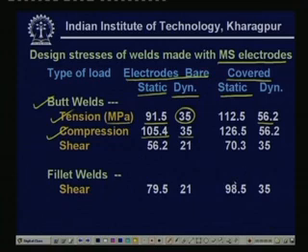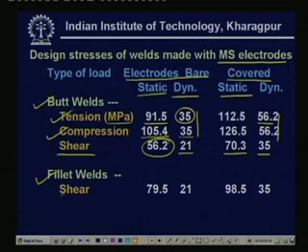Here it is observed that for both compression and tension, if the loading is dynamic, then it makes no sense to talk of tension and compression if the loading is completely reversing, because in half the cycle it will be in tension, in half the cycle it will be in compression. So, they are equal in both cases. For the shear, again it is sufficiently low, and for the dynamic stress this is 21. For the covered electrode static stress it is 70.3, and for the dynamic load it is 35.